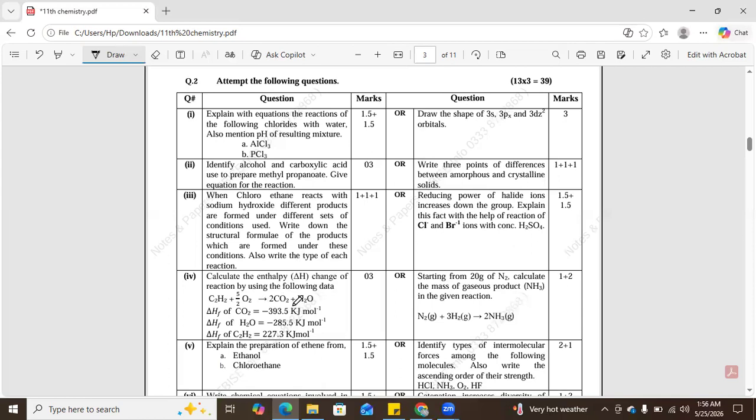These are the data. You have to calculate the enthalpy change in the heat. The optional question is, starting from 20 gram of nitrogen, calculate the mass of gaseous product NH3 in the given reaction. This is the reaction.